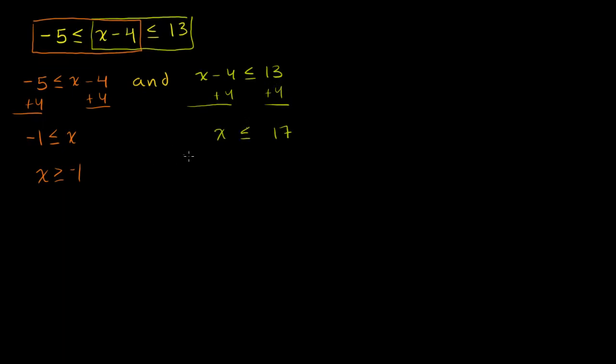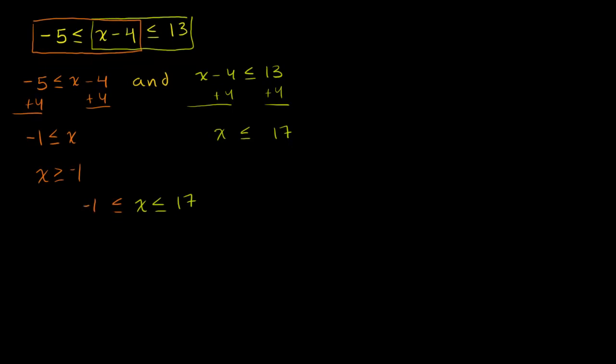So our two conditions, x has to be greater than or equal to -1, and less than or equal to 17. So we could write this, again, as a compound inequality if we want. We can say that the solution set, that x has to be less than or equal to 17, and greater than or equal to -1. It has to satisfy both of these conditions.